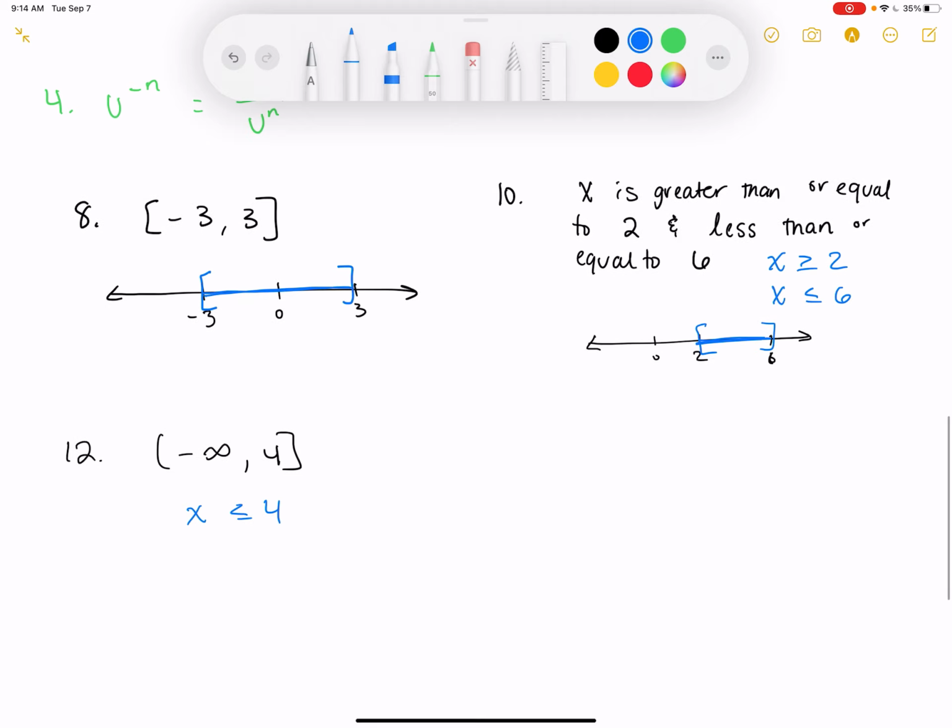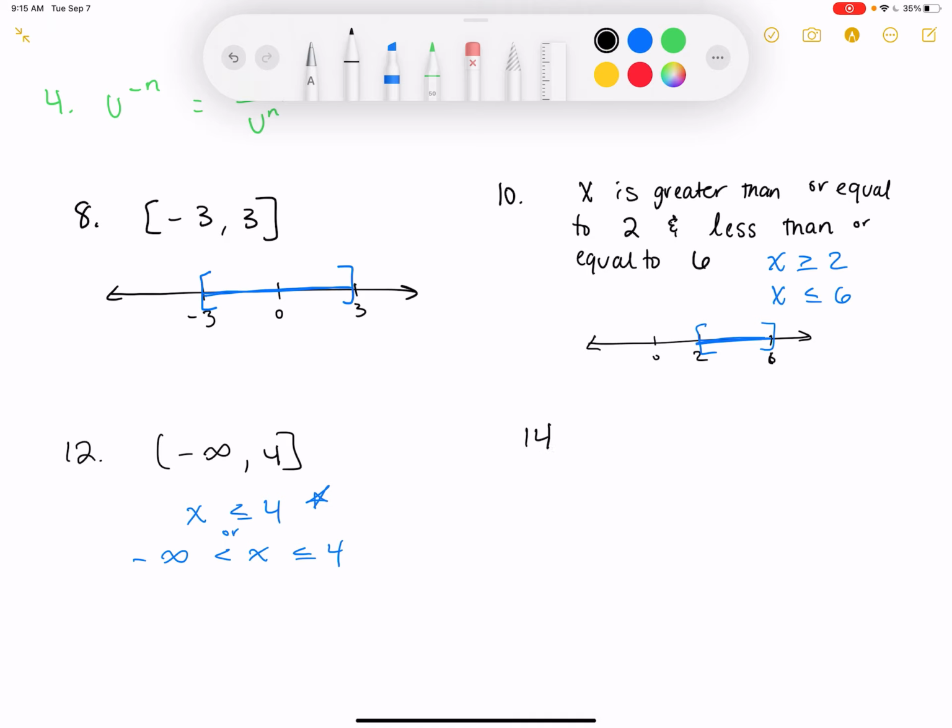The other way the book will commonly write them, and you'll notice if you're checking in the back, is negative infinity less than x less than or equal to 4. Both of those are fine and acceptable. More often than not, I'm going to use that option. If you were to write the graph for that one, would you just not have a parenthesis?